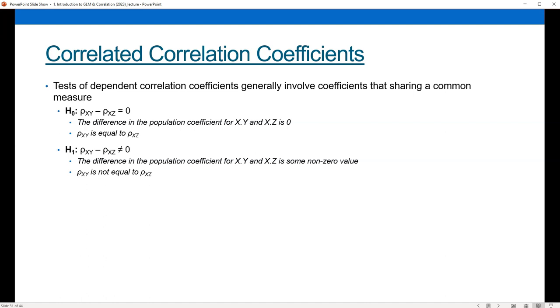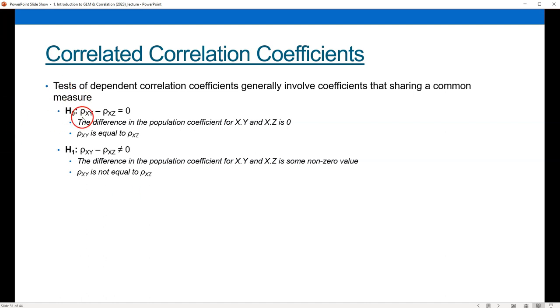My question is: is the association between extroversion and social support similar to the correlation of neuroticism and social support? Here we've got a different situation where we have two correlations that we want to compare. But the tricky thing is that those two correlations are all coming from the same data set and they share a common measure.